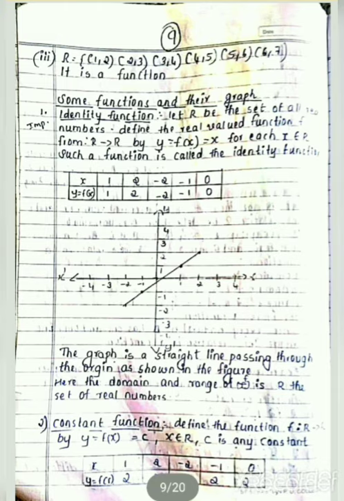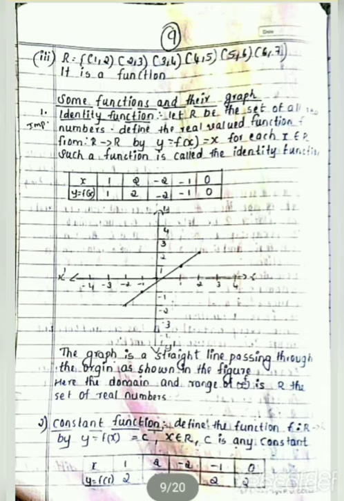X belongs to R, meaning x is any real number, and c is any constant. So y gives any constant. For example, y always takes the value 2, or y always takes the value 3, or y takes 100, or any constant value.